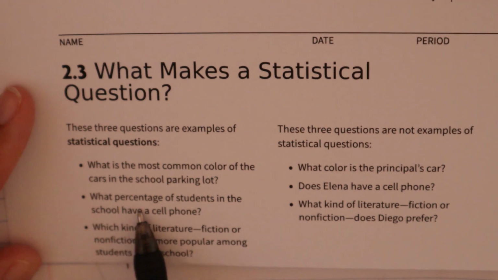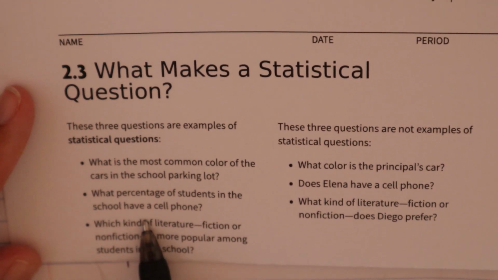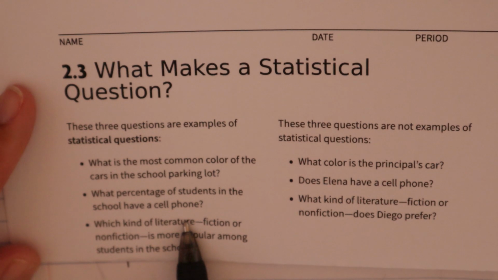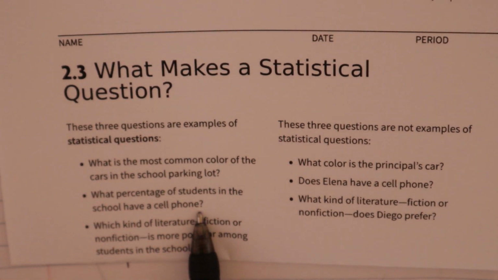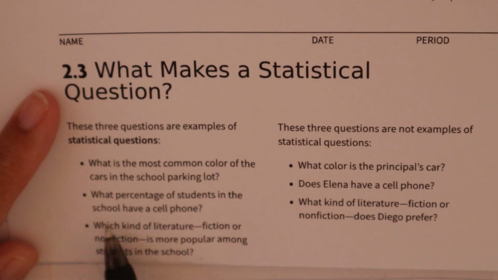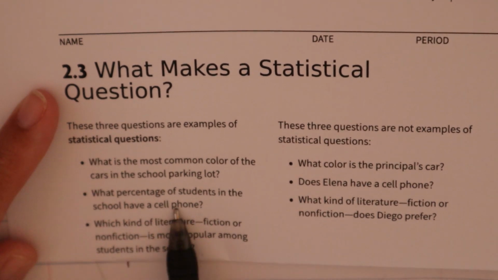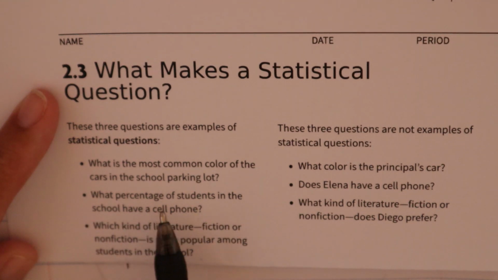Next question, what percentage of students in the school have a cell phone? What makes this statistical is it's all the students in the whole school, so you have a lot of data to gather. Definitely going to take you a lot of work. Maybe you're going to have to go around and survey every single student. Maybe create some kind of a Google document, email to the students. That's why this is statistical.